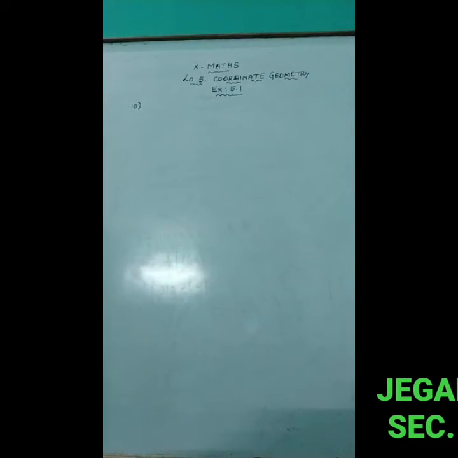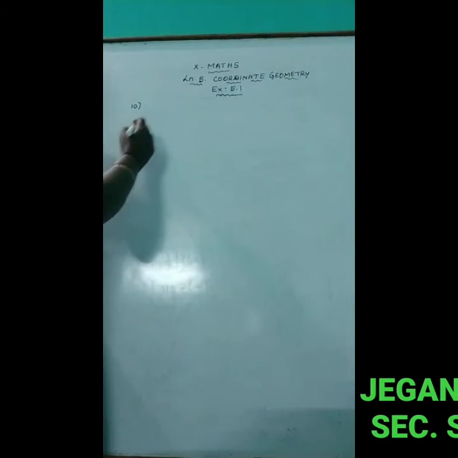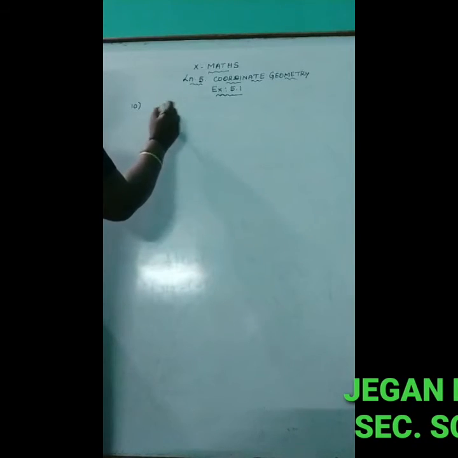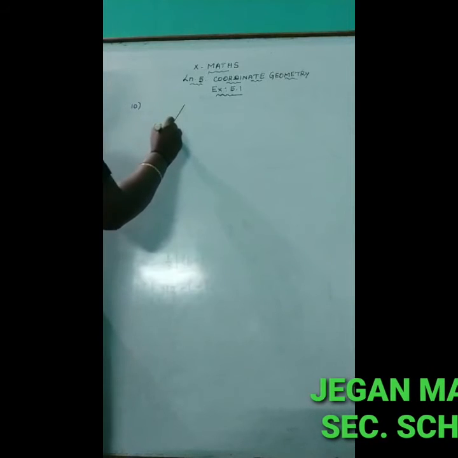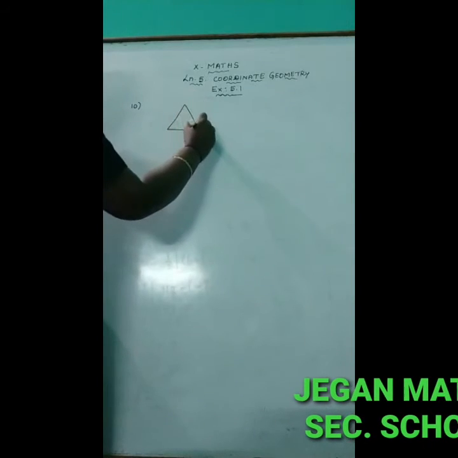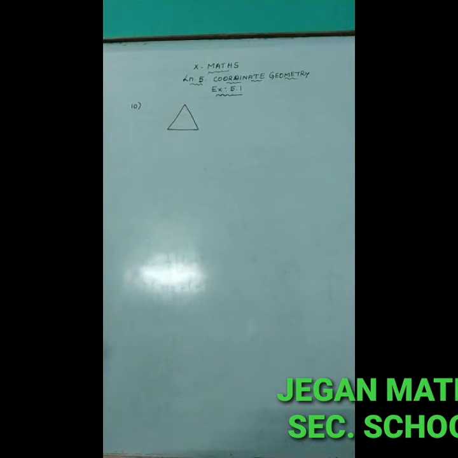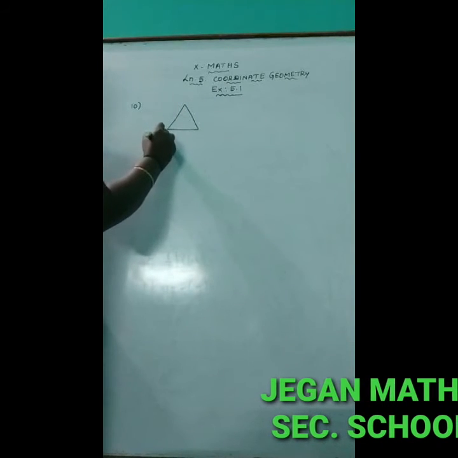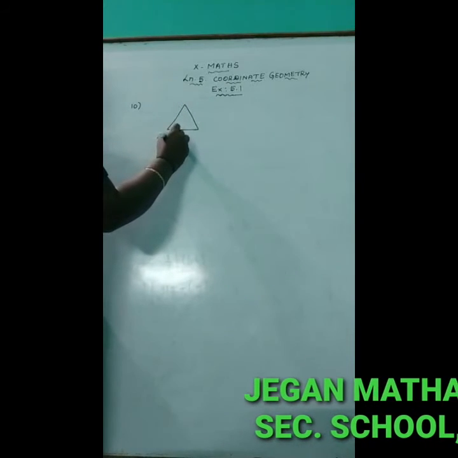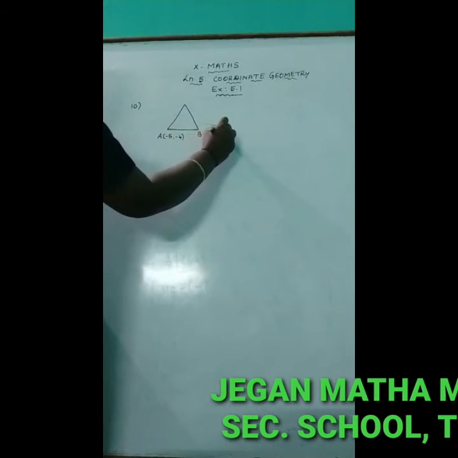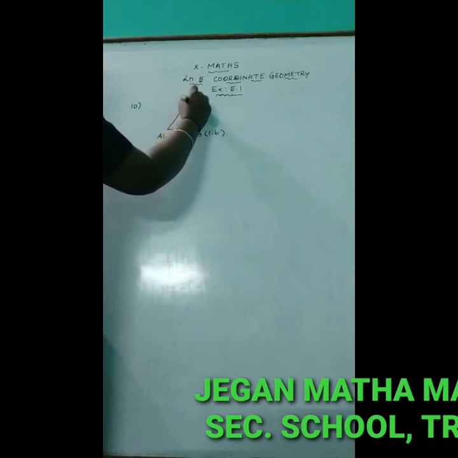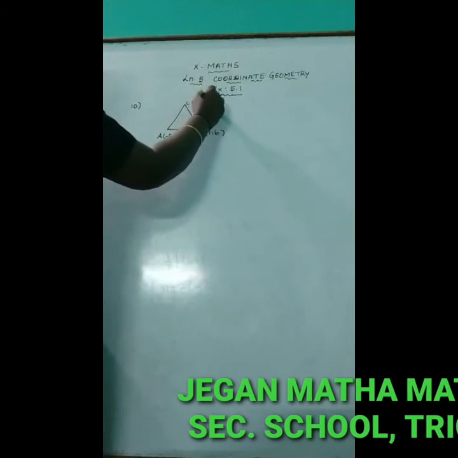The next sum, 10th one, a triangular shaped glass with vertices at A. The 10th one is a triangle shaped glass. The vertices are A point minus 5 comma minus 4, then B point 1 comma 6 and C point is 7 comma minus 4.